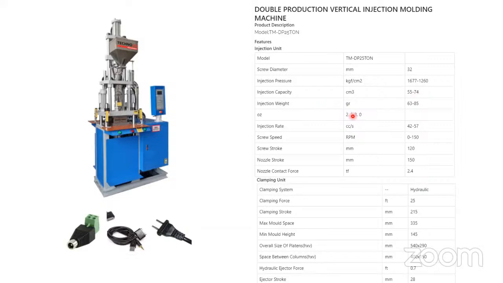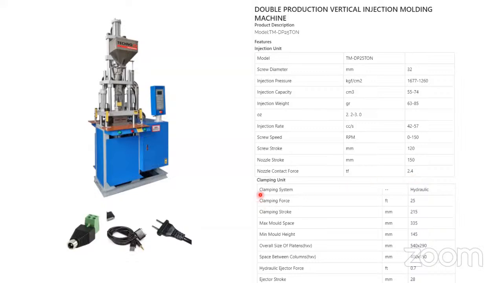Injection weight here, 63 to 85 gram possible. Injection rate 42 to 57 cc per second. Screw speed maximum maybe 150 rpm. Screw stroke 120 mm. Nozzle stroke 150 mm. Nozzle contact force 2.4.